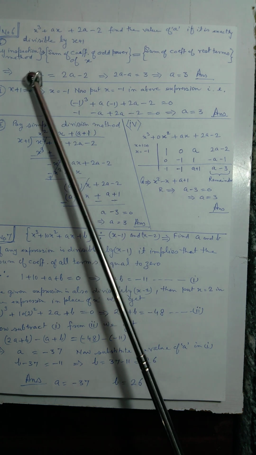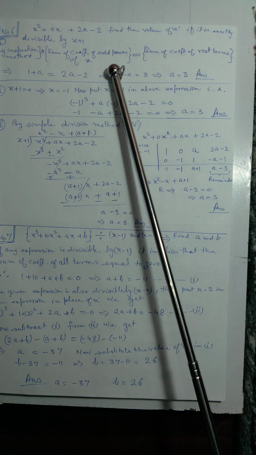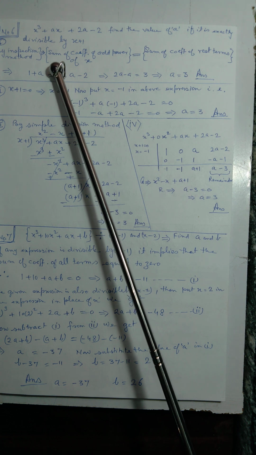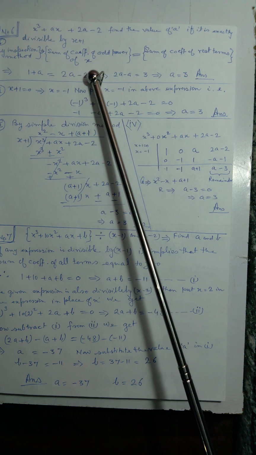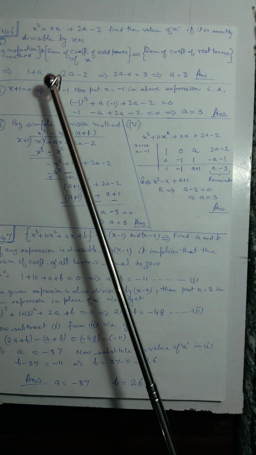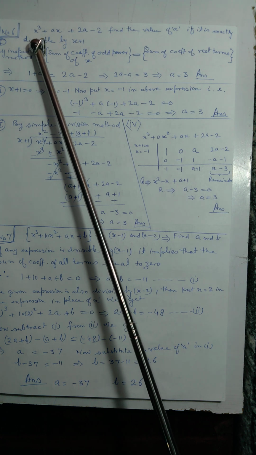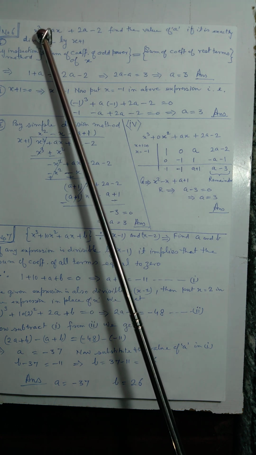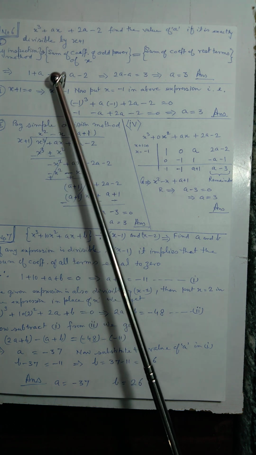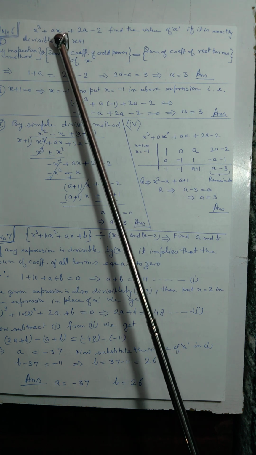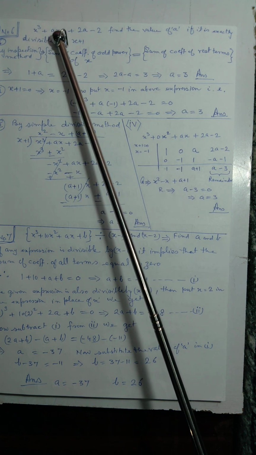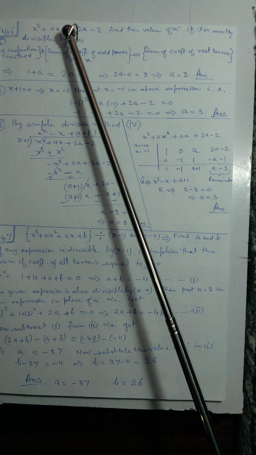You see, by inspection method, the sum of the coefficients of odd powers of x should be equal to the sum of the coefficients of the rest of the terms. Here, the coefficient of x cube, because its power is 3, which is an odd number, will be 1, plus a, the coefficient of x is a and its power is 1.